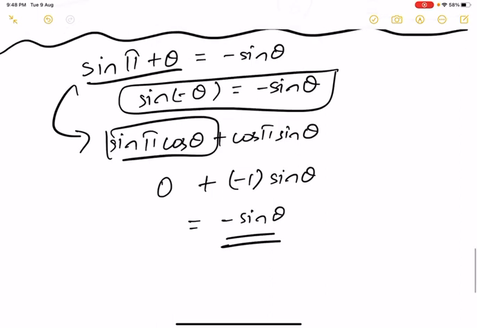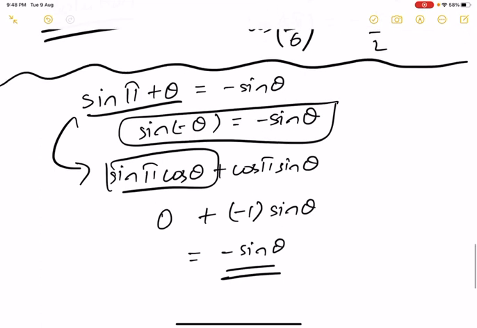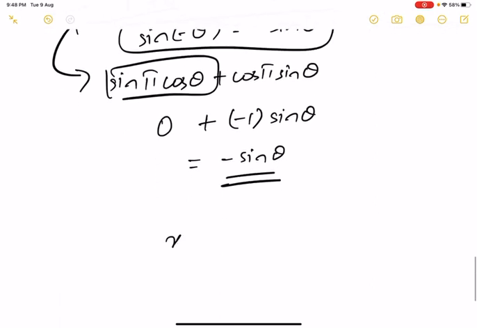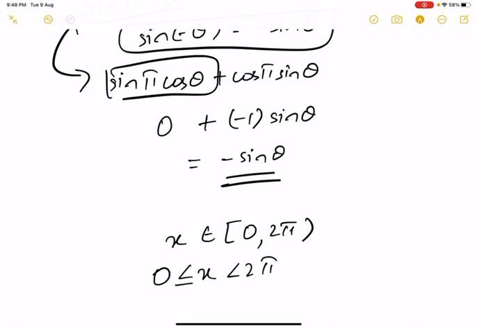You will learn why. Because in principal solution, if you remember, whatever theta values or x values you are finding, principal trigonometric solution means the x value should be between 0 and 2 pi. 0 is included, that is x can be greater than or equal to 0 but should be less than 2 pi.